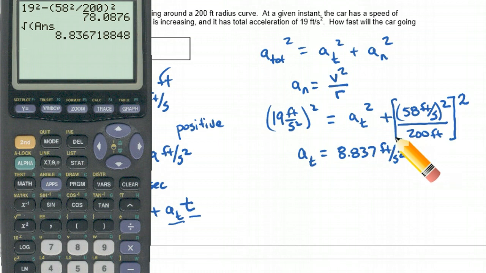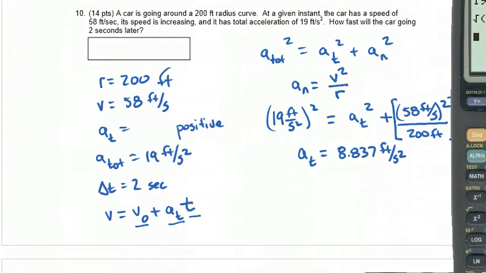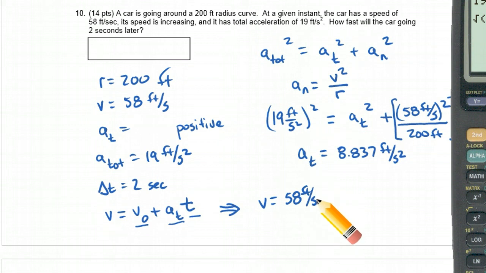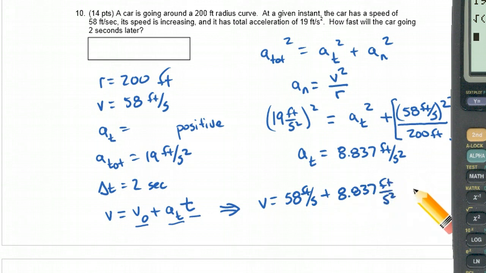Okay, then I'll just come back over to this equation and solve for v. So v is equal to v0, which is 58 feet per second, plus a sub t, 8.837, times 2 seconds.